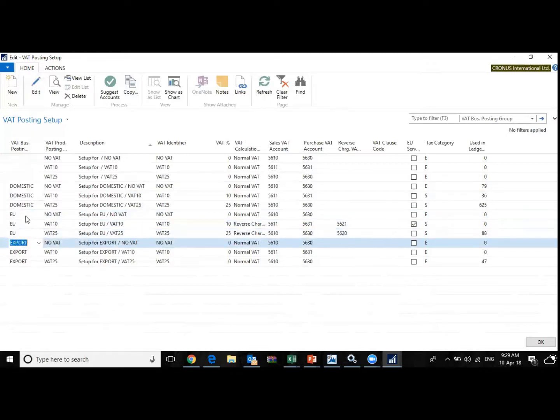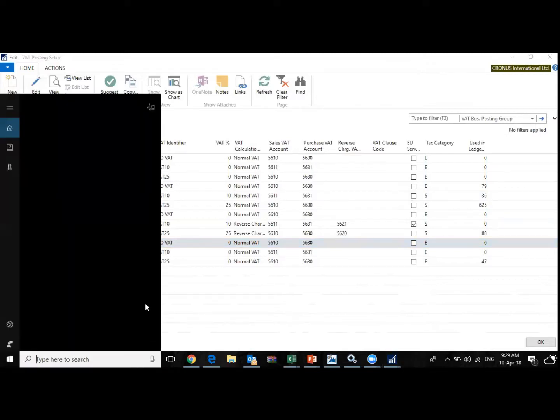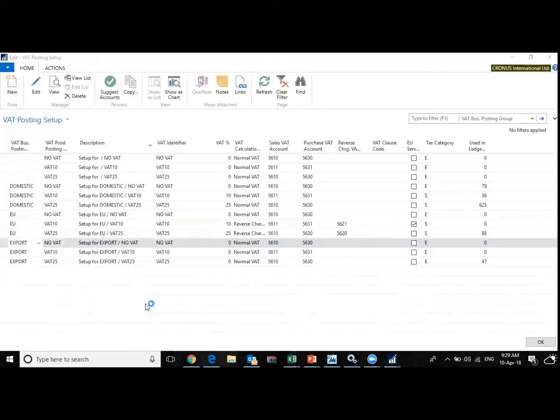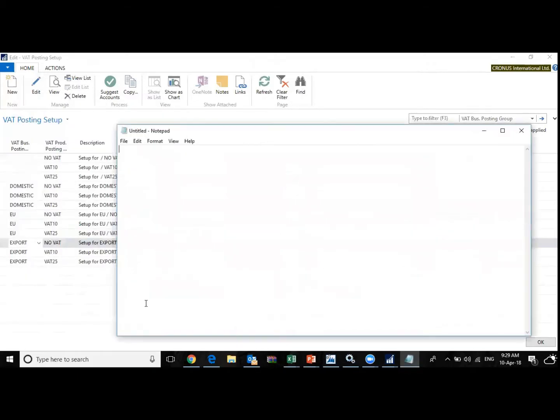Okay, then there is something called export. So you should understand that there are 3 types of VATs. Okay, one second. Let me just open my notepad. Okay, so you have a transaction for export, you have a transaction for import, you have a transaction for domestic.